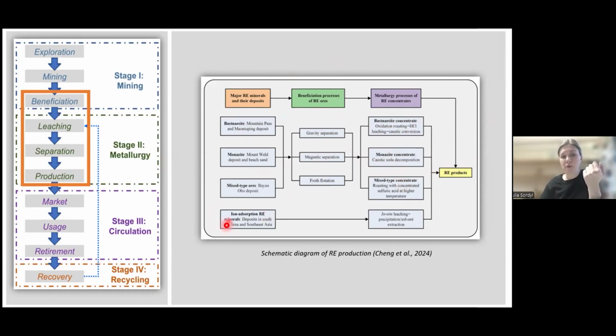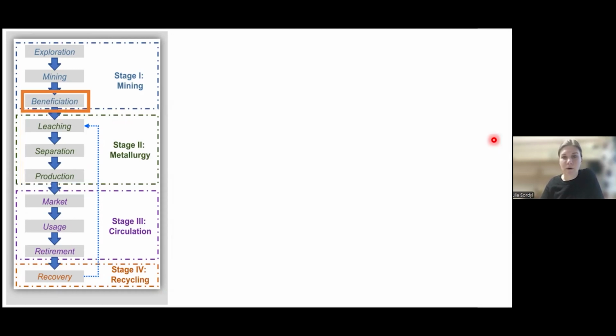It's even easier with ion adsorbed clays because they do not need beneficiation. They can go directly to metallurgy, with in situ leaching, and there it is, an RE product. So it looks easy, and I understand that it is just a schematic diagram, but in fact it is way more complicated and brings a lot of challenges that I'm going to shed some light on right now.